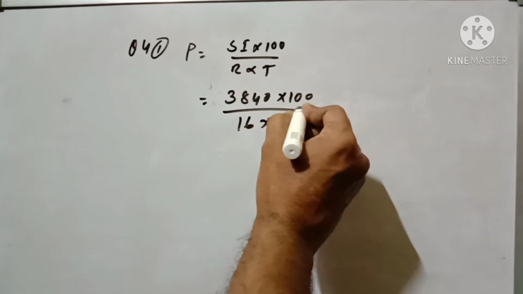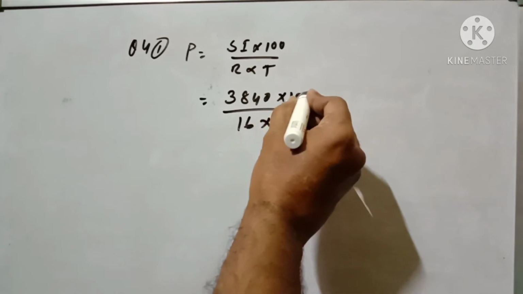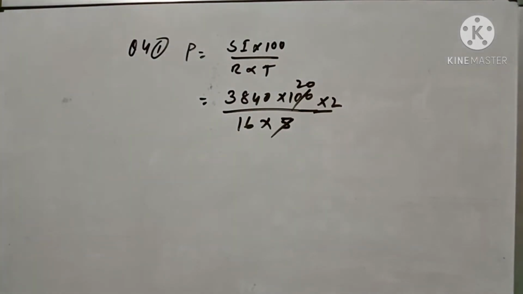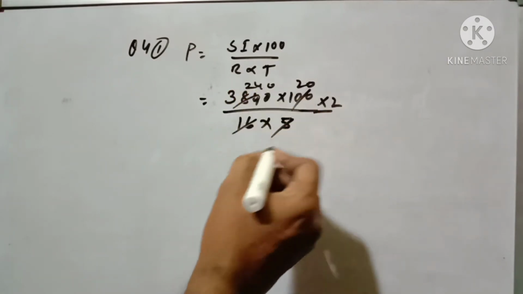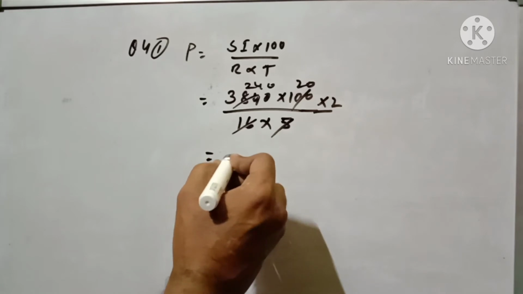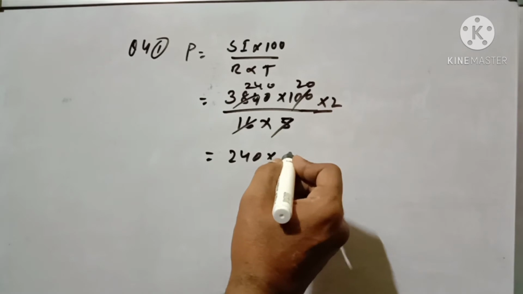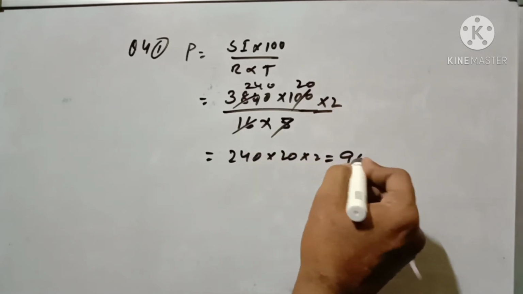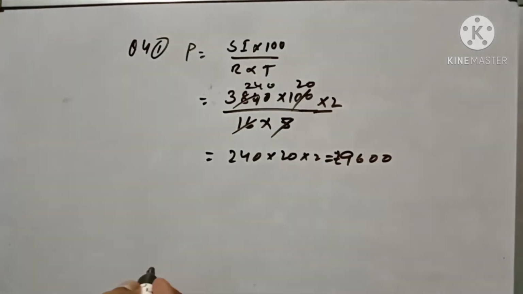So I can write 5 into 2. Now I can divide by 20, and 3840 by 16 gives 240. So 240 into 20 into 2, 9600. That is our principal.